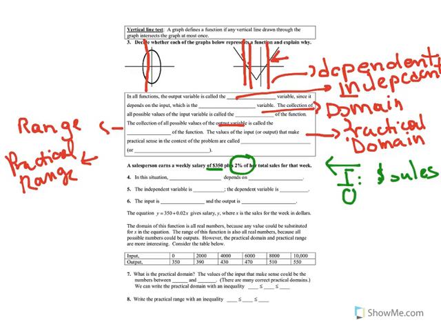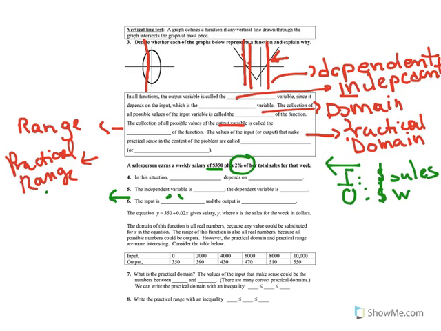And the output is the salary, right? So the output is the amount of money that this person makes per week, the weekly salary, okay? So in this particular situation, the input is the sales.